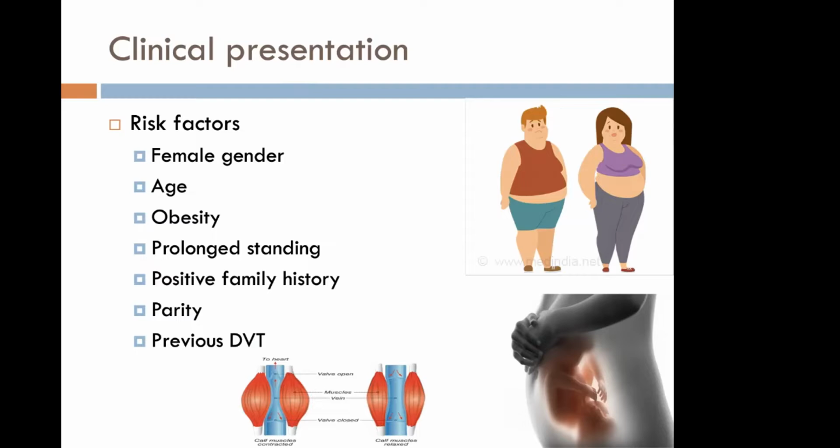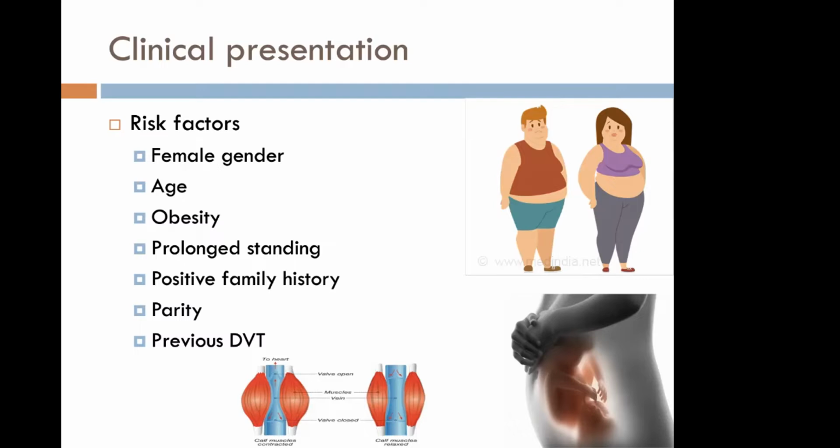Now, occupation where there's prolonged standing is another risk factor. Now, family history is one other component that you see quite often. And in terms of parity, the higher the parity, the higher the risk. Although there's no clearly defined number of pregnancies that will put a patient at risk, the mere fact that you've been pregnant once is a risk factor on its own.